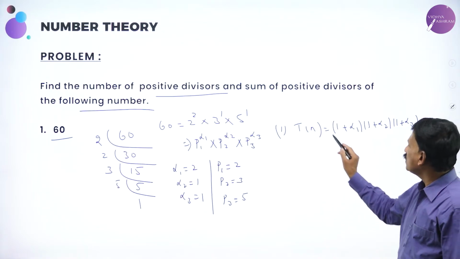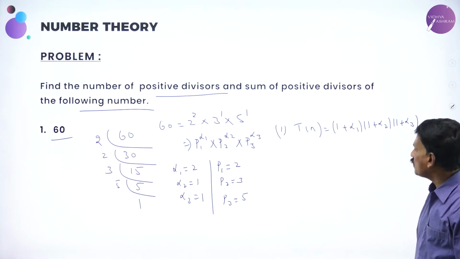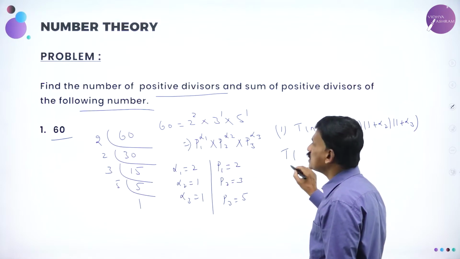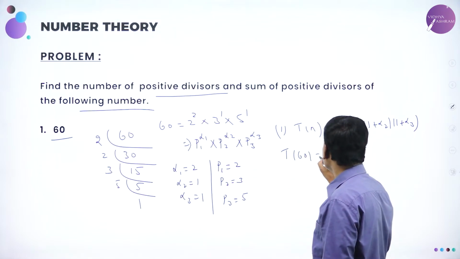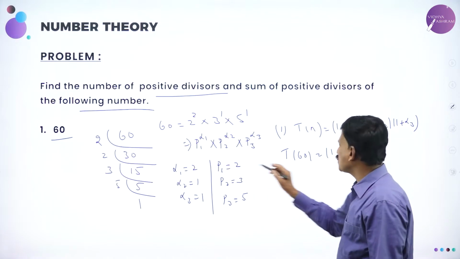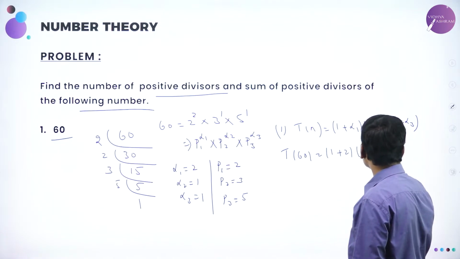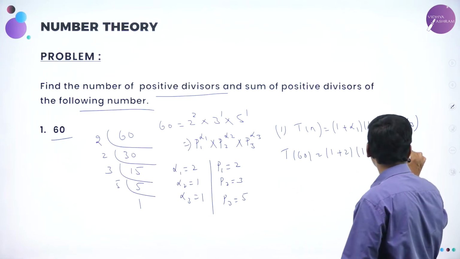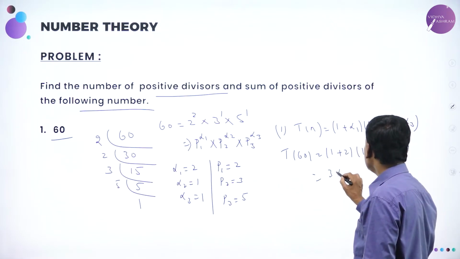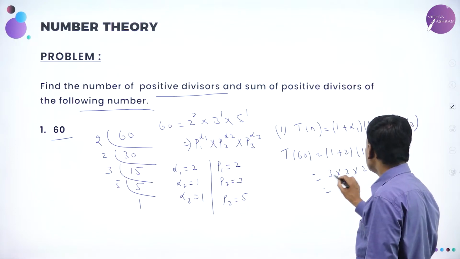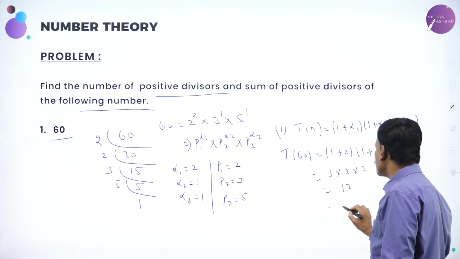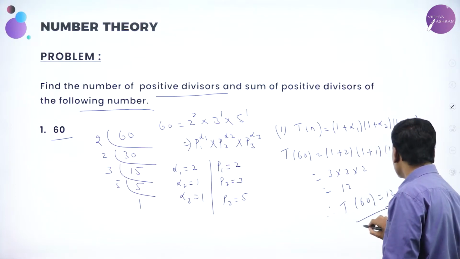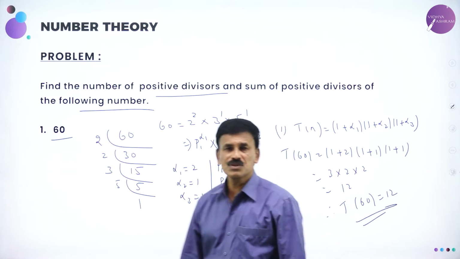So, T of 60 is equal to 1 plus alpha 1 is 2 into 1 plus alpha 2 is 1, 1 plus alpha 3 is 1. 3 into 2 into 2. 3 2s are 6, 6 2s are 12. So therefore, the number of positive divisors of 60 are 12. 12 positive divisors you are going to get.